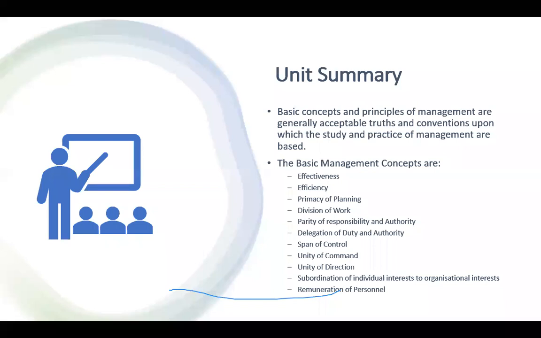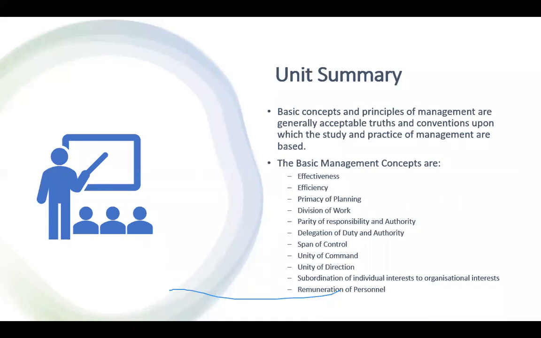Then the next one is division of labor. Make sure that all the tasks in the organization are split into their bits so that people can be responsible for each of them. Parity of responsibility and authority: make sure that the responsibility given to employees comes with commensurate authority.